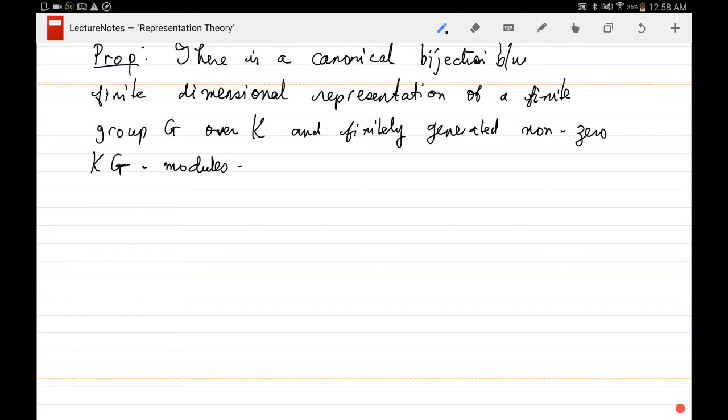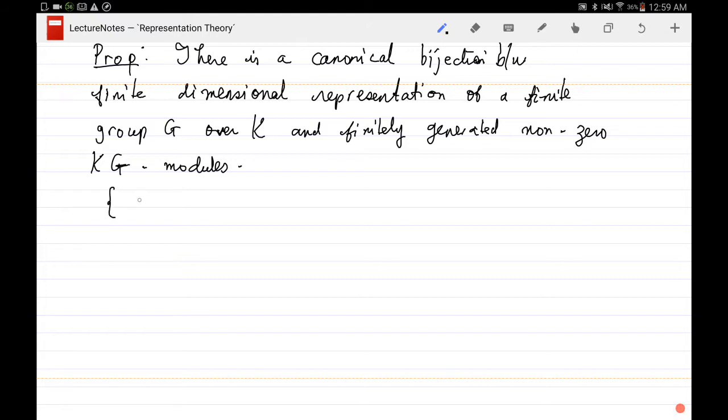Because remember, we used the elements of the group as an indexing set for a basis of a vector space, and that vector space had a field. That's where this K comes from. So in other words, let me write it out.